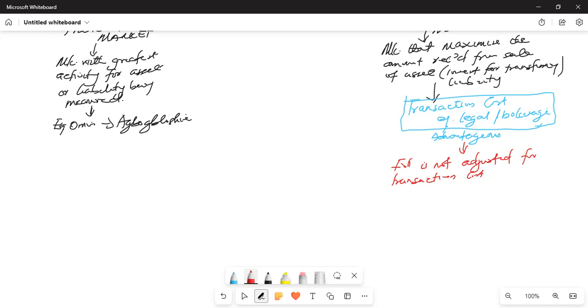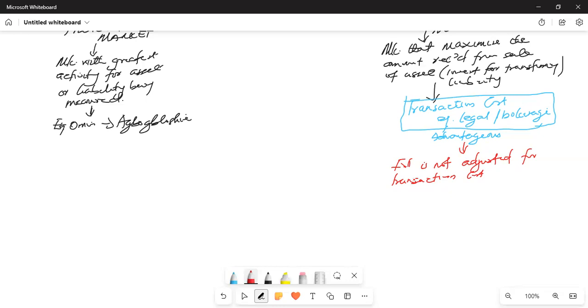Now, what you are seeing here is simple. We are saying that transaction costs are a function of the characteristics of the market rather than the asset itself. The asset doesn't have a problem in its fair valuation, but the transaction cost plays a role in deciding which market is most advantageous.